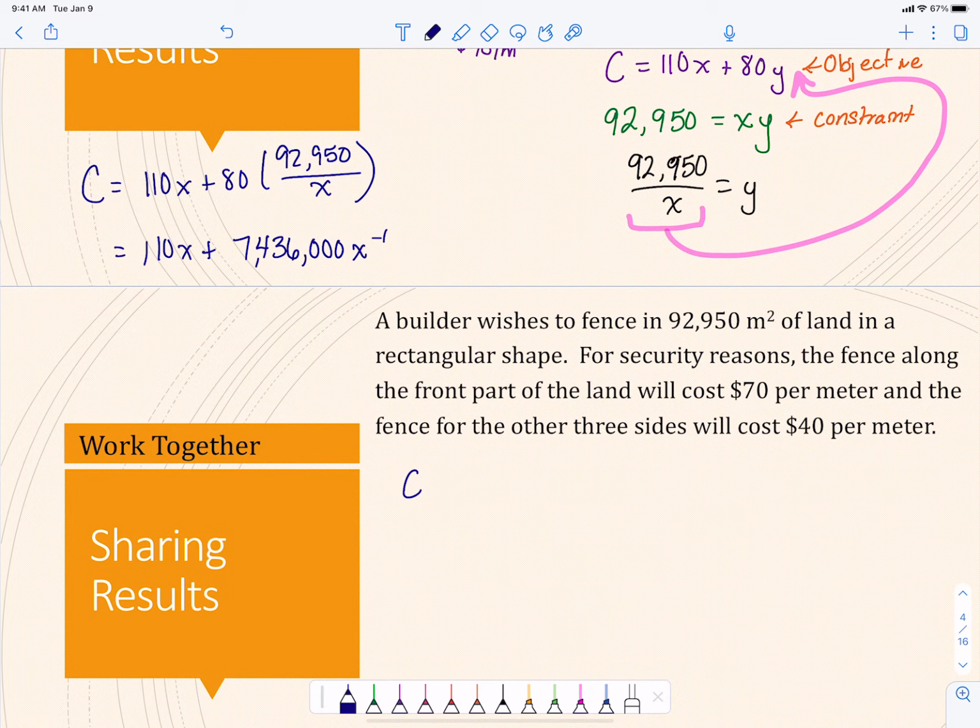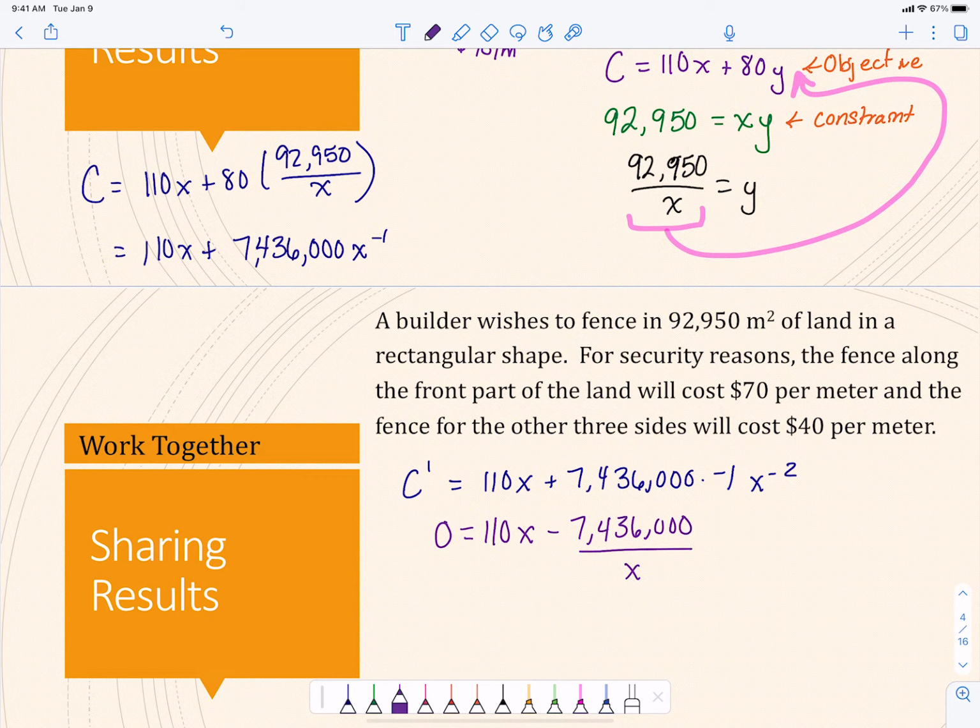Now we can take the derivative of that cost function and find our critical points. We've done the real hard work. Now we're to what we're used to doing, where we take that derivative and set it equal to 0. I'm cleaning things up a little, multiplying that -1 times our 7 million and putting our x squared back on the bottom of the fraction.